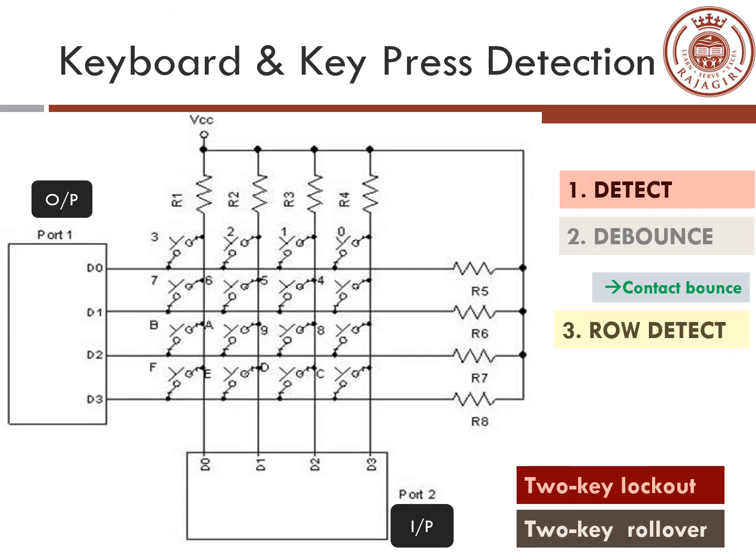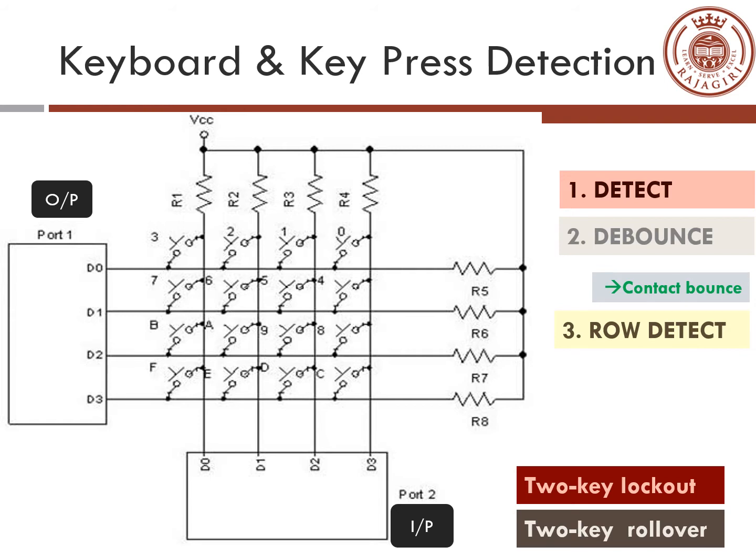Then we have to identify and decode the key. Identifying the key involves another procedure. So we have to ground one row at a time. Once we determine a key has been pressed, then we should find out which key it is. For that, on the output port, we will send a 0 on each of those row wires one at a time, and then we start checking each column for 0.